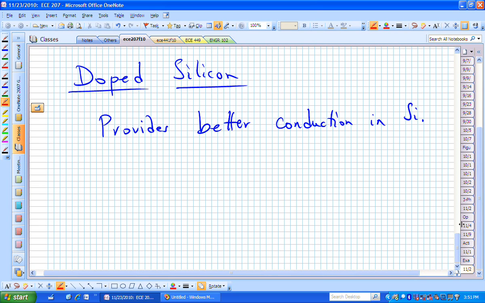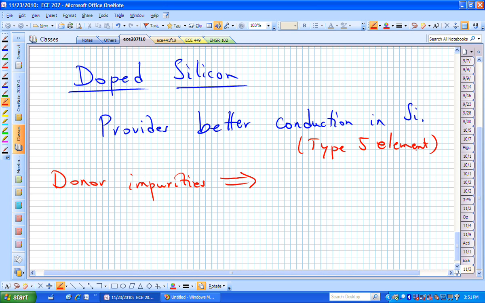These particular elements that we're doping with become donors. We are going to introduce some impurities into the silicon, and we'll call those donor impurities. If we have type 5 elements, then in our outer shell, it might like to just have 8 electrons in it.